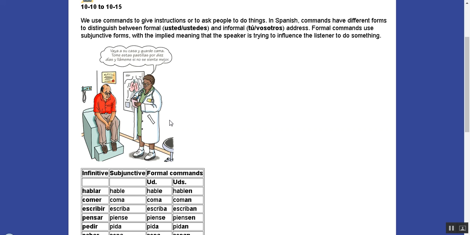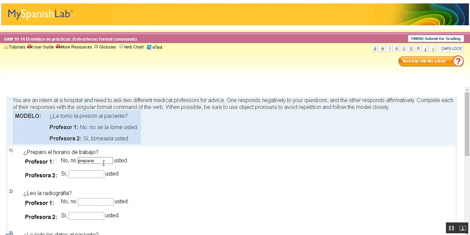So preparar is an AR verb, so the yo form is an O, and then you add the opposite el, ella ending. So the ending for ER verbs for el, ella, usted is an E. So I'm going to have prepare, okay? And then el horario, so I want to say don't prepare it.